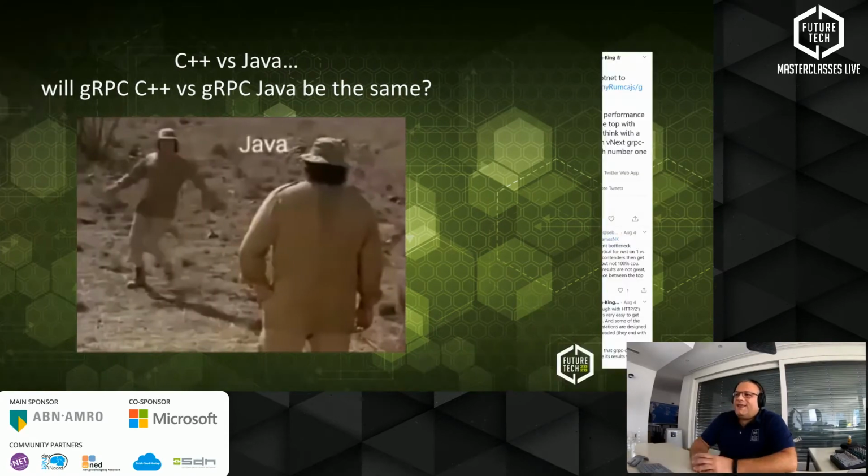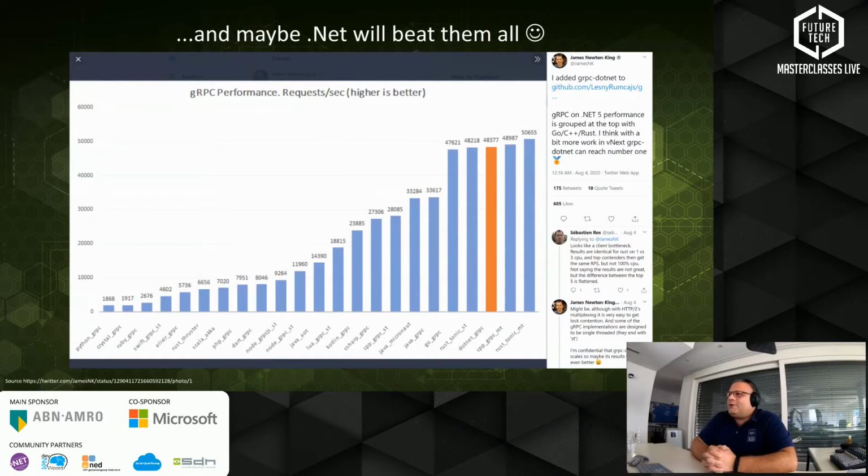Well, standing by the words of J. Newton King, the father of JSON.NET, the package that you should know, he is now a Microsoft employee working hard, pushing hard on gRPC, and this is a tweet he published some days ago.